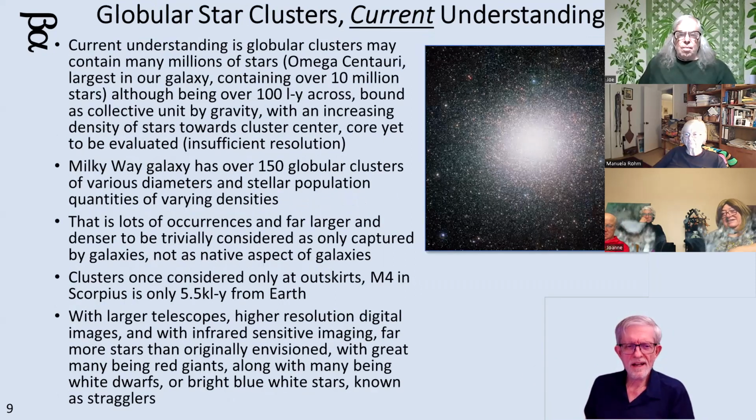So the current understanding is Omega Centauri, largest globular cluster in our galaxy, has over 10 million stars in it, and it's about 100 light years across. So the density of stars per light year is pretty tightly packed. And the question comes down to why so many stars are clustering in such a small amount of space.